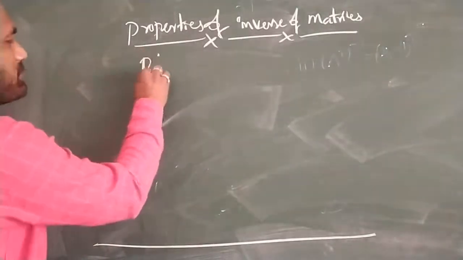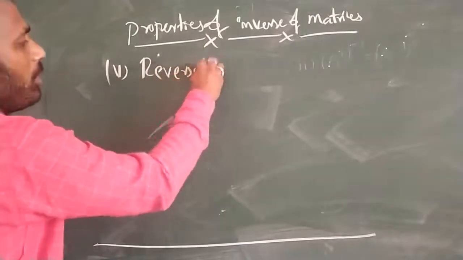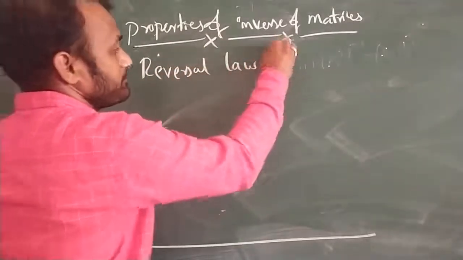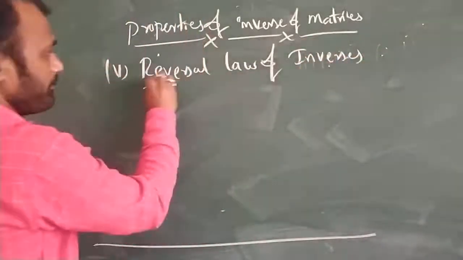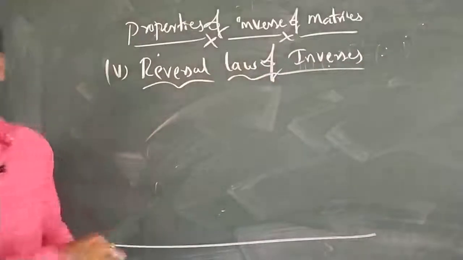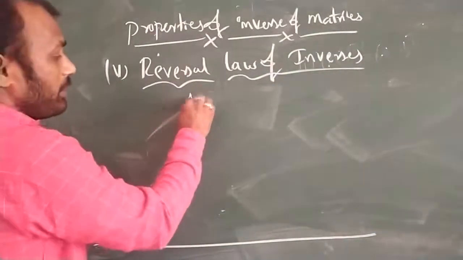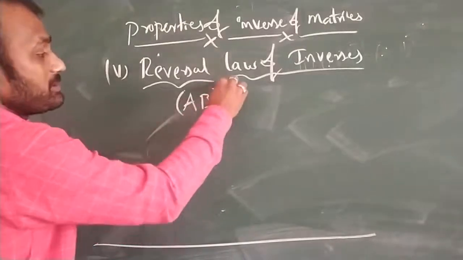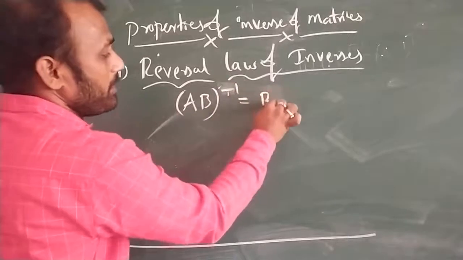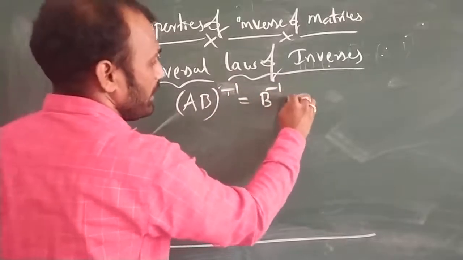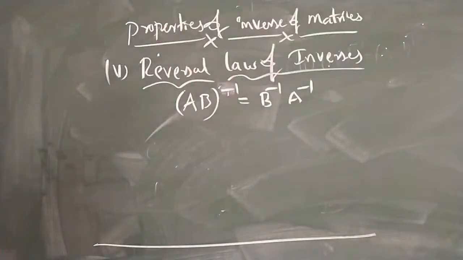Fifth one, reversal law of inverses. This reversal law of inverses states that the inverse of AB, the product of the two matrices, is given as B inverse into A inverse.